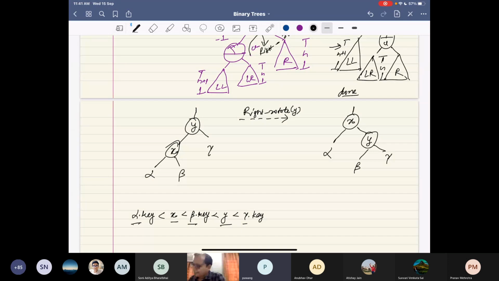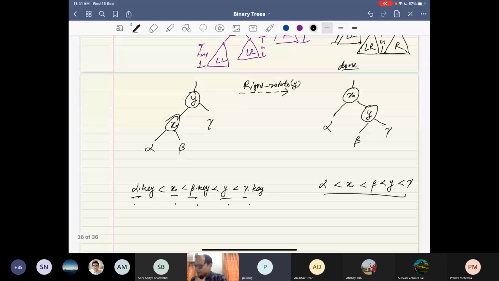Now let's write the same for this. Alpha less than x less than, what should I write first? Y or beta? Beta. Beta, y, gamma. And you match them. Alpha, x, beta, y, gamma. Same thing. So they follow the same traversal. They are the same.